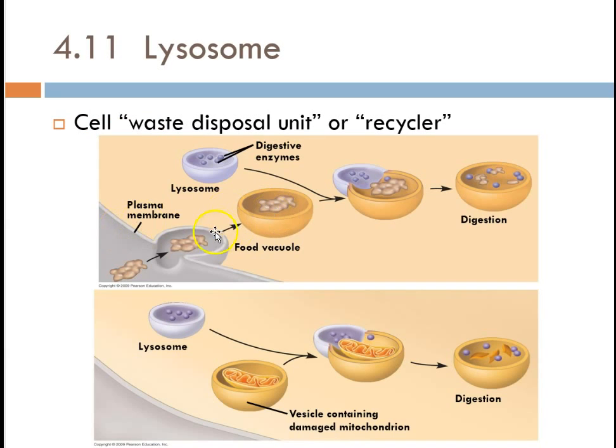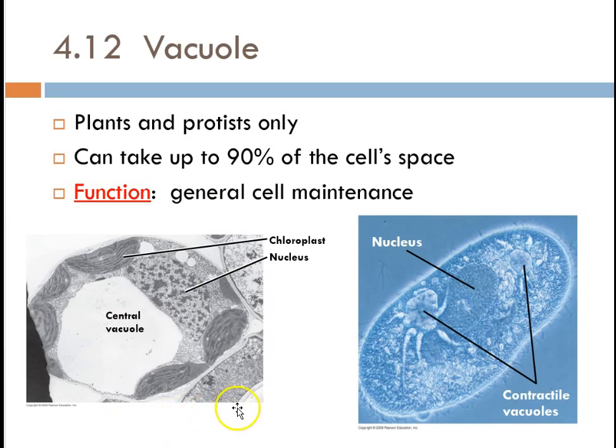So here we are, the lysosome. It's got some digestive enzymes in there, and that's the recycler. It's always able to break things down and recycle them. The vacuole, again, here's an organism that has a vacuole. Not everything has it. You can see it's a big structure right inside, filled with water, so it's usually a water reserve. Like here with this plant, you can see this is the vacuole.